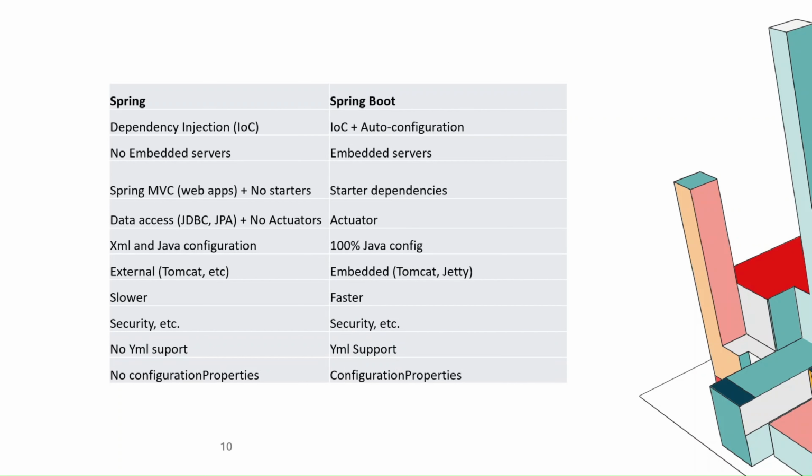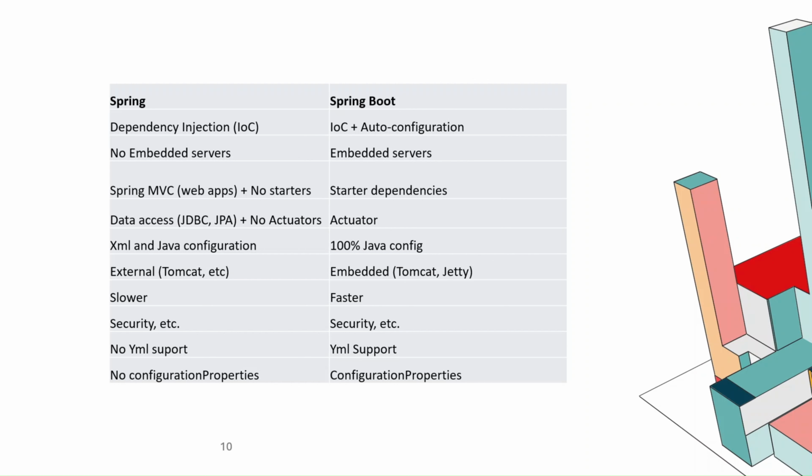In Spring, sometimes we want to access a particular property value from the application.properties file. What we use is the @Value annotation. But if you want to inject a bunch of values in bulk, we use the @ConfigurationProperties annotation. That annotation is not available in Spring.